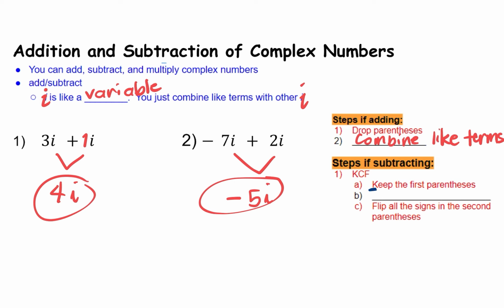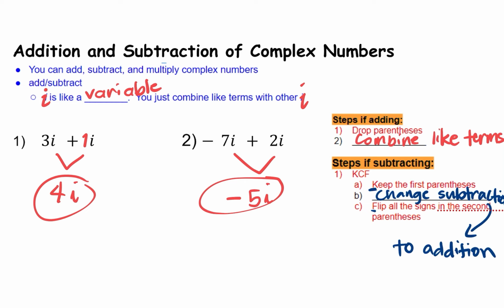C stands for change subtraction, the operation. Change subtraction to addition. And then F stands for flip all the signs in the second parenthesis, or you can simply distribute the negative sign or the minus sign.